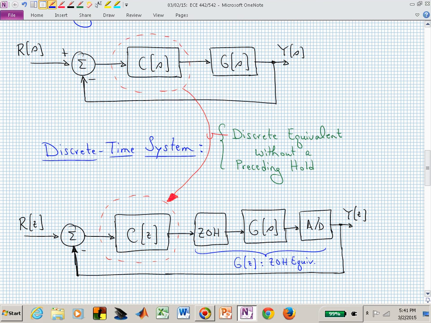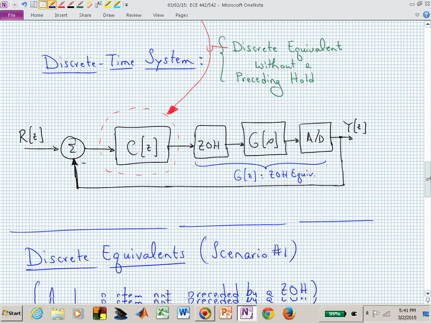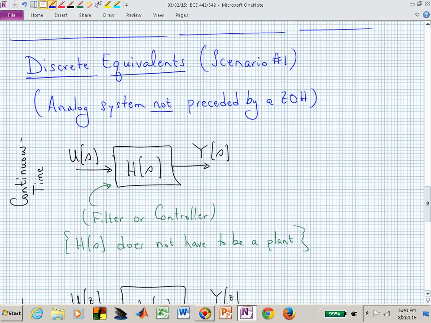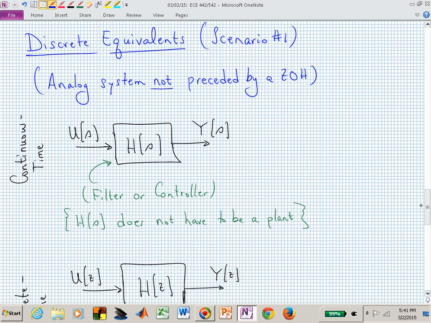That was what we've been doing so far, is our zero order hold equivalent shown in blue down below. What we want to do today is examine scenario number 1, which is where our analog system is not preceded by this zero order hold before we make this equivalent connection between the continuous time system and the discrete time system.